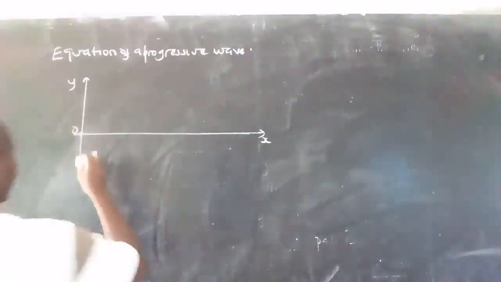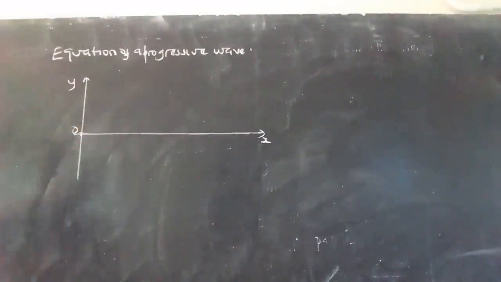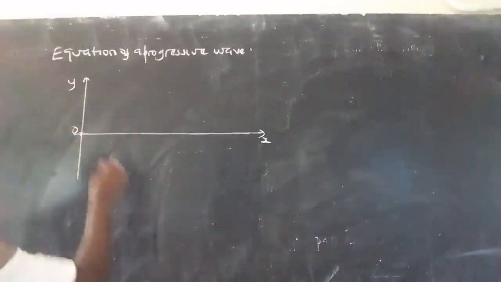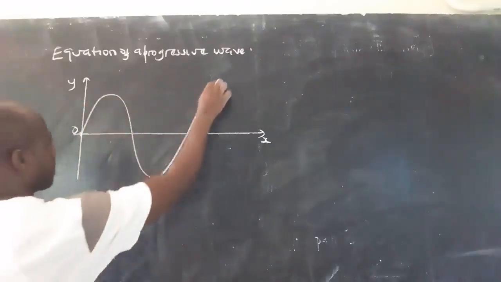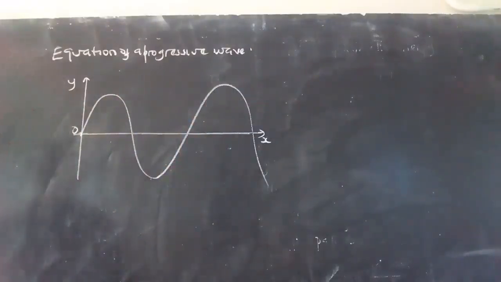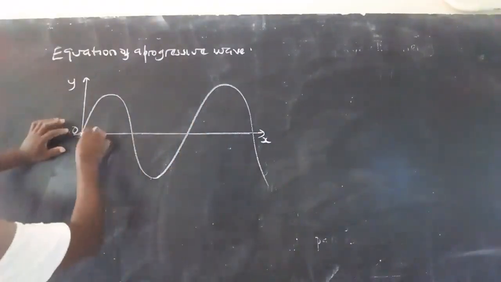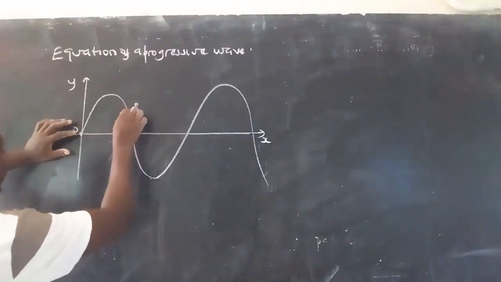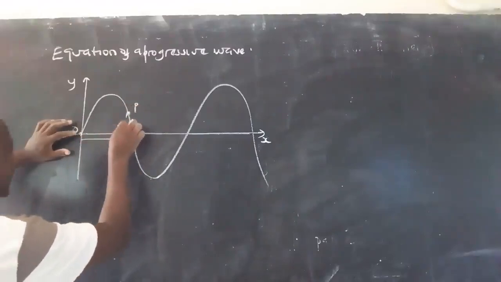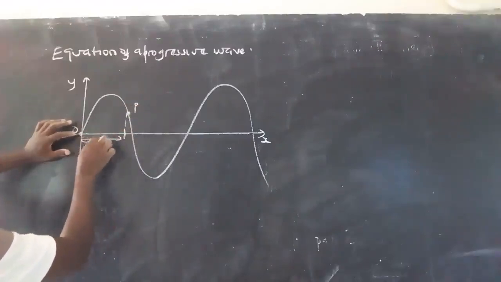So we shall now say that if the particle is vibrating here, and a disturbance is produced, let's say this is a disturbance, like that. And then we consider a particle at point P, which has moved a distance x from there.